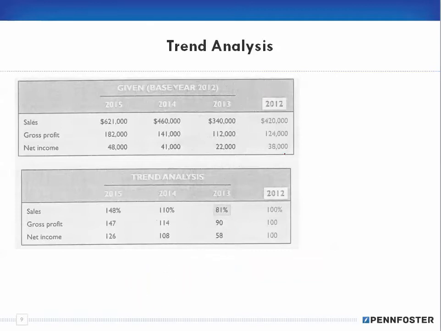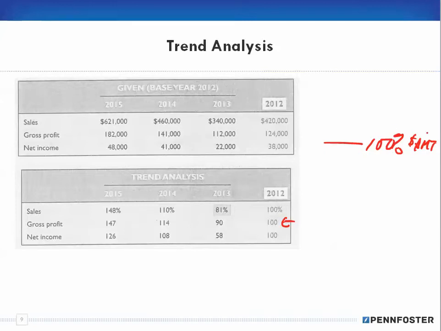I have 124,000, and since that's my base, that's why it's 100% here. And in 2013, that decreased to 112. Now, just as a mental note to make sure you're on the right track: if this is my number and it's 100%, whatever dollar amount that is, we're going to call that 100%.